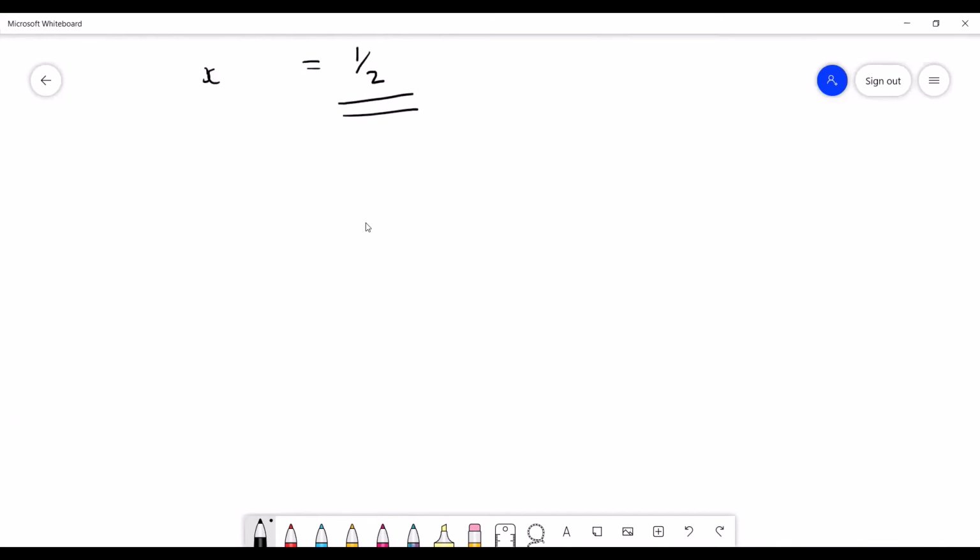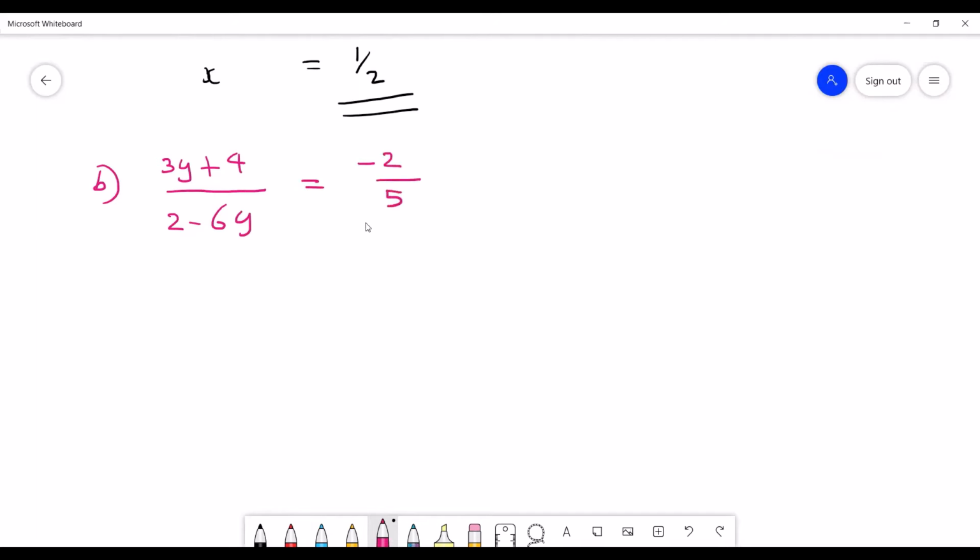Now in this category, we will go for the next question. Next question is 3y plus 4 upon 2 minus 6y is equal to minus 2 upon 5.